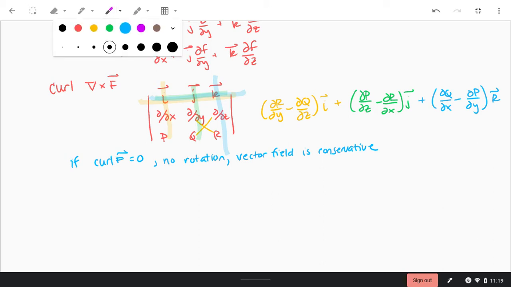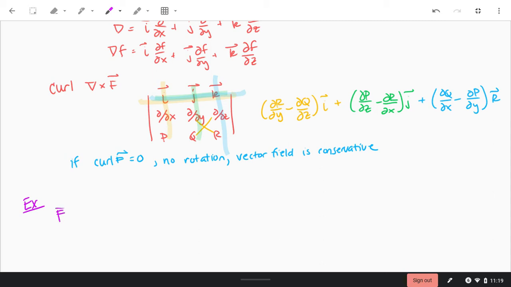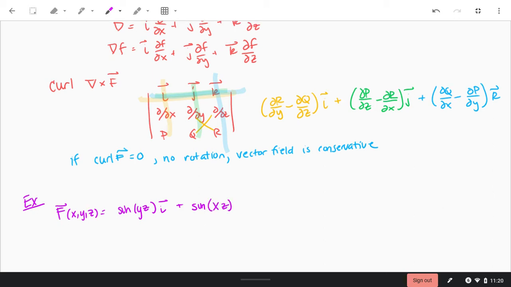Let's see here. Let's do purple. Okay, so an example, and I think this is number 4 in your book, is if we just have the vector F equals sine yz, sine xz, sine xy. Okay, and we're going to find the curl.